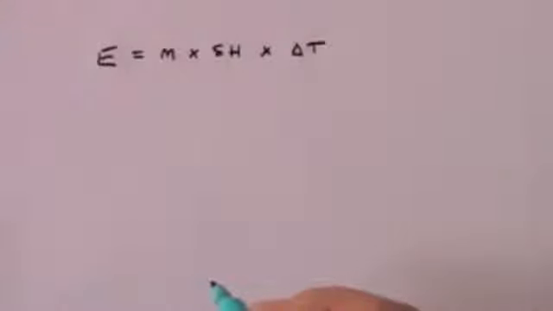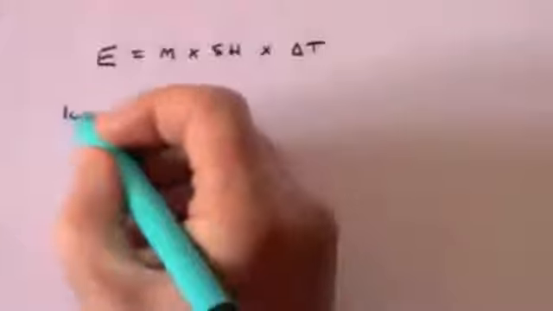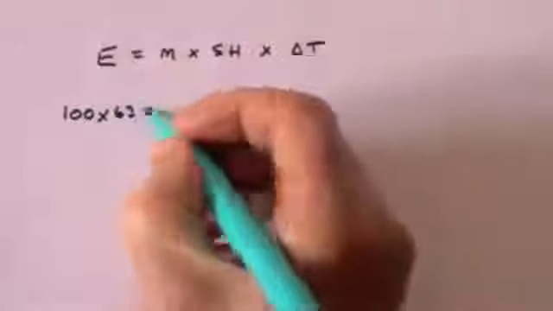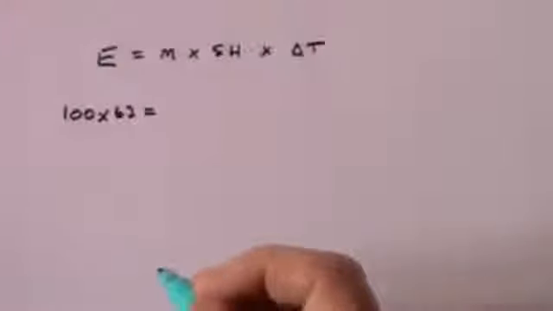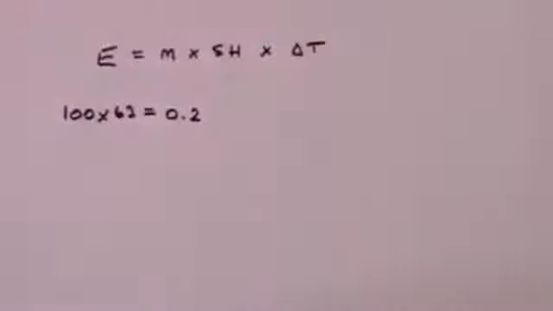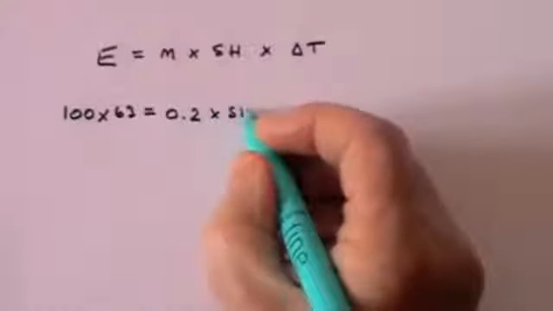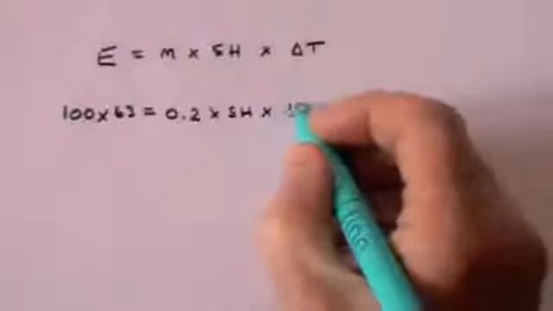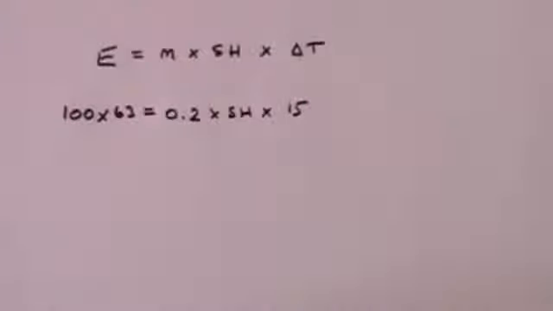We know that it took 63 seconds and that the heater is providing 100 joules per second, so the total energy supplied will be 100 joules times 63 seconds, and that's going to be equal to the mass, which is 200 grams or 0.2 kilograms, times the specific heat we don't know, times the change in temperature, which was from minus 15 to 0.